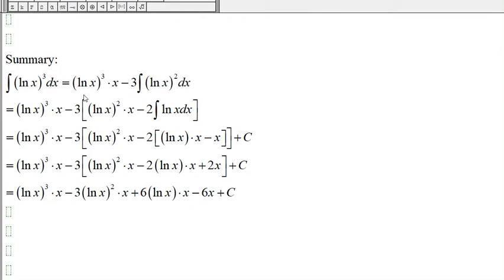And so in summary, in part 1, we found the integral of the natural log of x to the third is this. Next, we found the integral of ln x to the second is this.